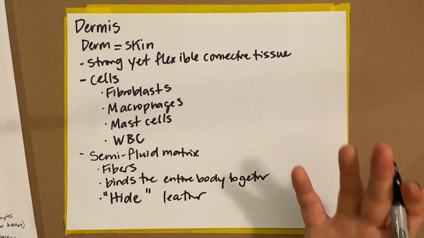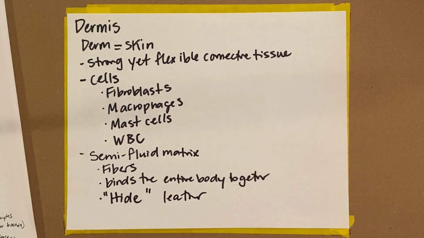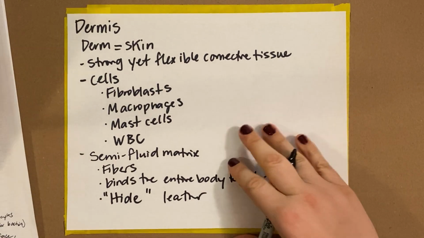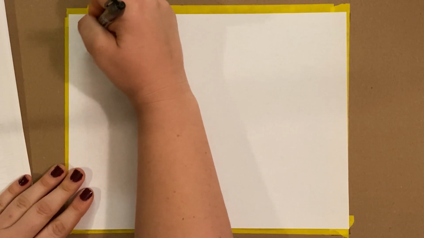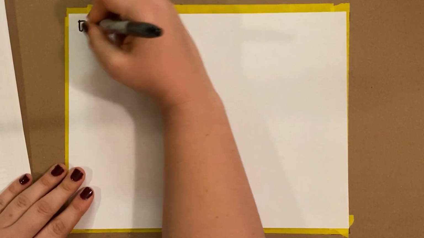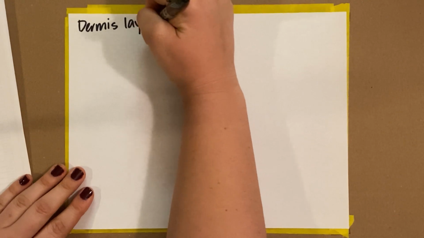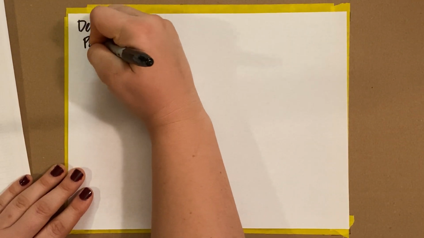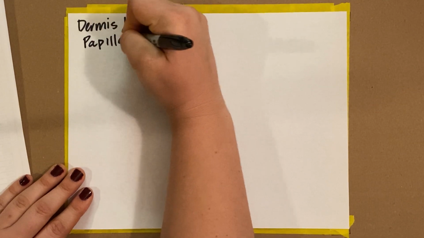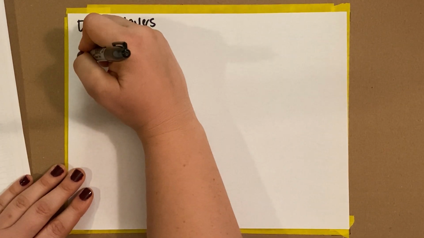So again, when you're wearing leather of a different animal, this is the layer that you're actually wearing. So the dermis is going to have two layers. The first layer is going to be the papillary, and then we're going to have the reticular.